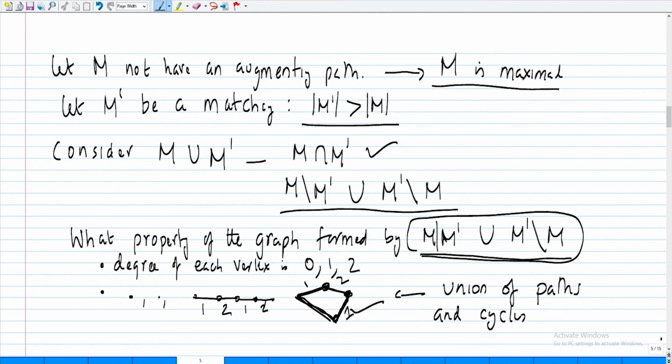So, even length cycles are not going to give us any handle. What am I trying to show? I am trying to show that M must have an augmenting path. That is my goal. By looking at the even length cycles, you are not going to get an augmenting path. Exchanging them is going to give you an exchange of the same cardinality. So, now we focus only on the paths.